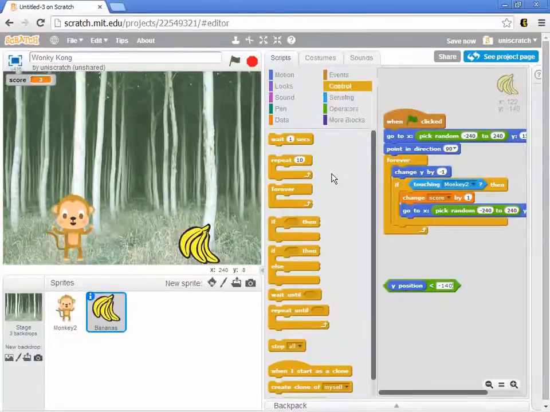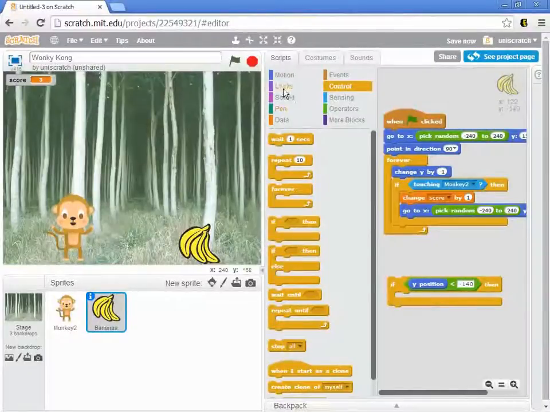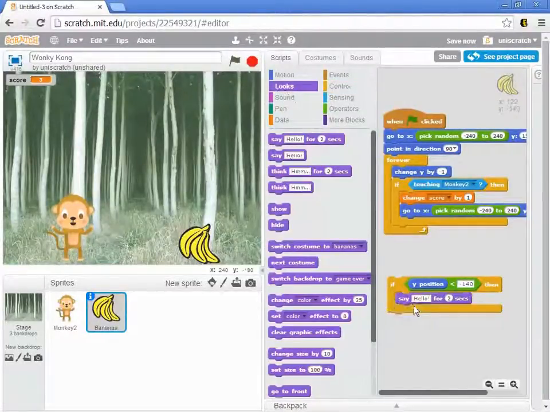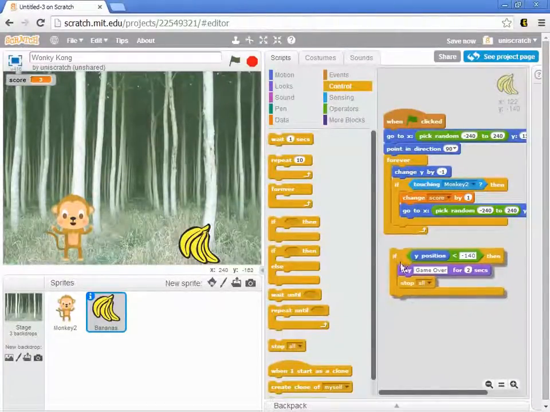So let's do this. I'm going to go out and grab an if statement. We say if the Y value is below negative 140, let's say game over for 2 seconds, and let's then end the game. And you remember this from the task at the beginning of the module. There's a stop all block in here that will say, let's stop all the programs running. And so where does this go?